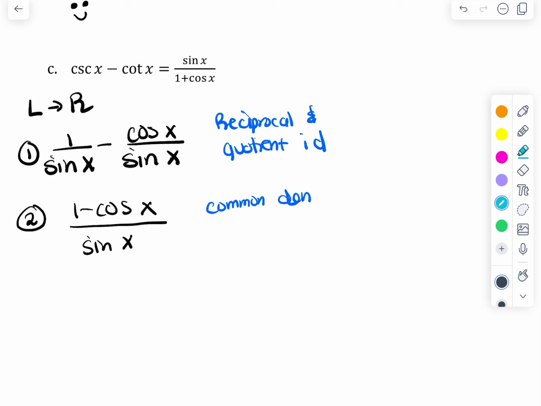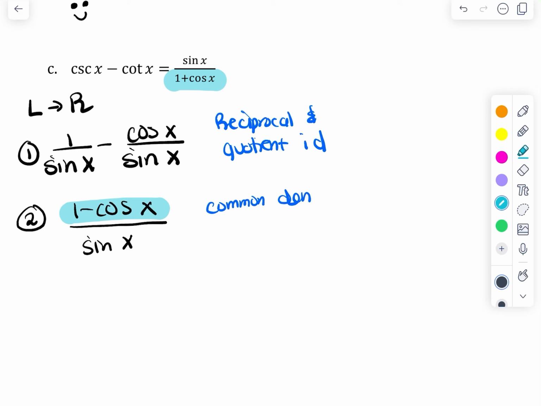For me, it's a bit easier, but I can see that where I am now and where I want to be has the conjugates of each other. So 1 minus cosine x and 1 plus cosine x are conjugates of each other because the sign is the only thing that's different in the middle.